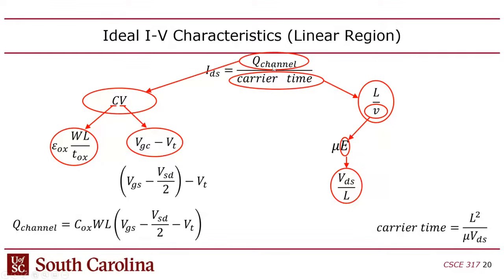Because you end up with a width in the numerator and a length in the denominator. So you reduce the length by a factor of, whatever, 7.75 or something like that for Moore's law typically. But you're doing the same thing to the width in the numerator. So what ends up happening is that the transistor shrinks and the current generally stays about the same.